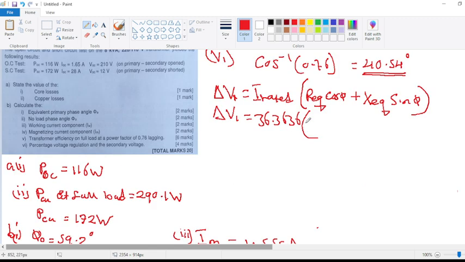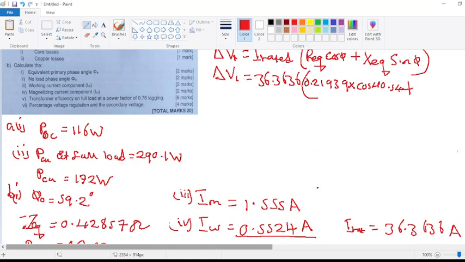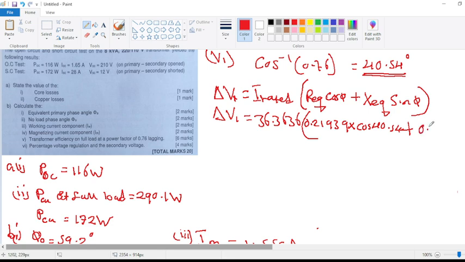Then you multiply by the cos of 40.54, because that's the angle that you've been given, plus the equivalent reactance, 0.3682, we multiply by the sine of 40.54.